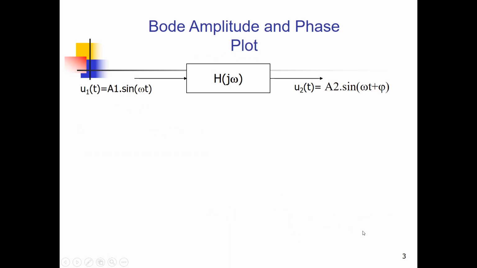We are going to draw the Bode plot, and as you should know, the Bode plot consists of two separate plots, the Bode amplitude plot and the Bode phase plot.